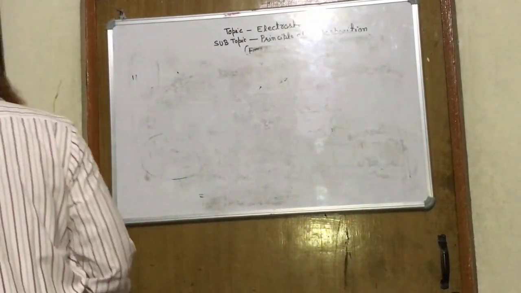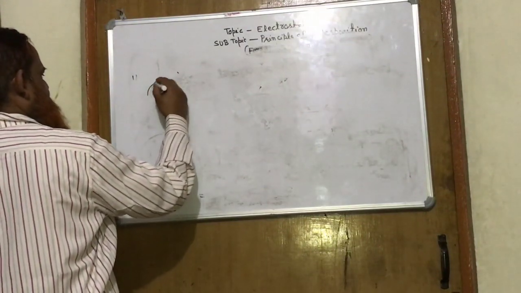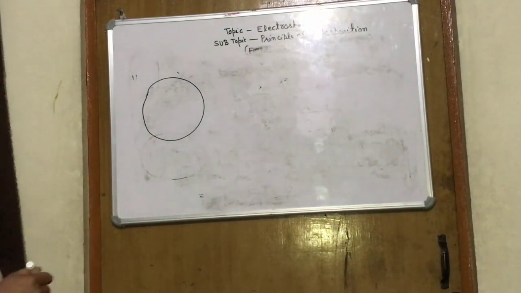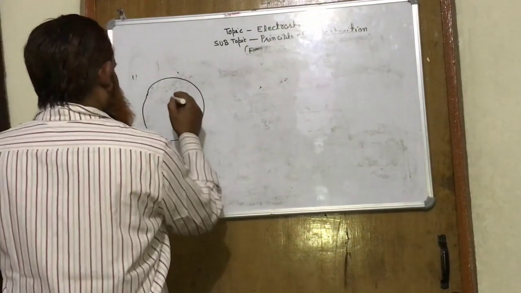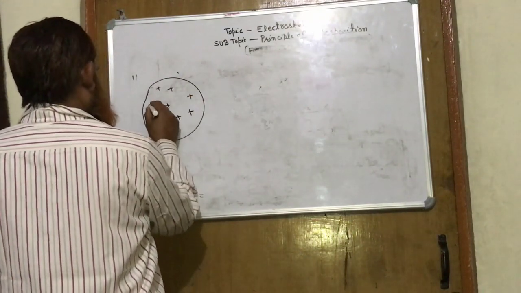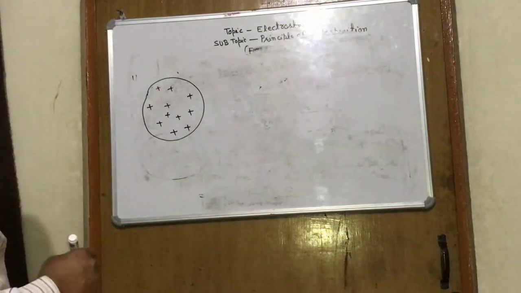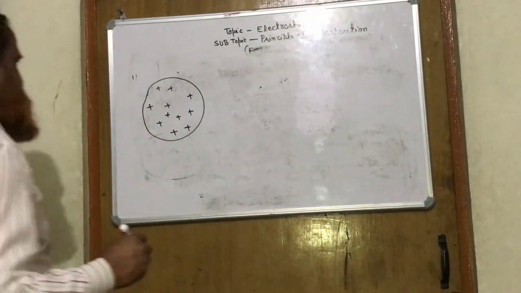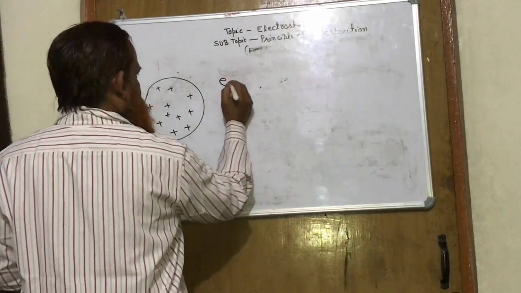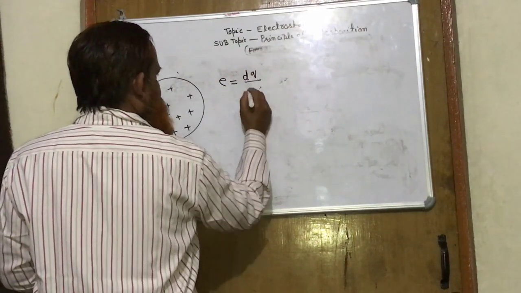When charge is distributed in a volume, the charge per unit volume is known as volumetric charge density. It is denoted by rho, and it is dq by dV.